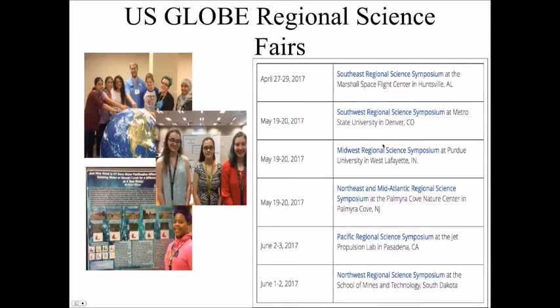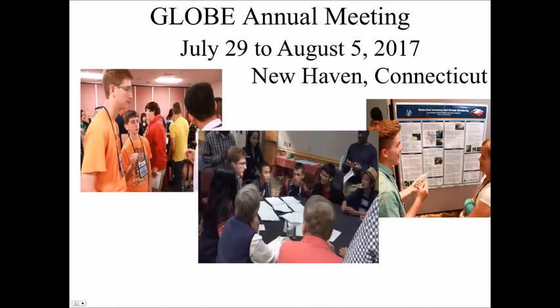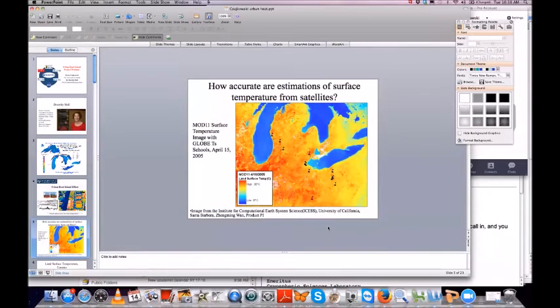On the East Coast, it's going to be at the Palmyra Cove Nature Center, where John and Peter are. And lastly, if you have the opportunity, kids can present at the GLOBE annual meeting in Connecticut this year, at the end of July and beginning of August. I know a number of us are planning to go, and it's a really good time to meet. You can meet students from all over the world and scientists and educators. That's a really neat thing. All right, so I will stop sharing.